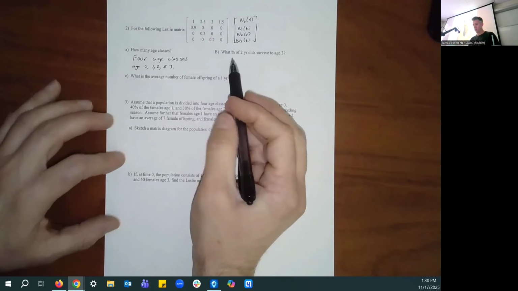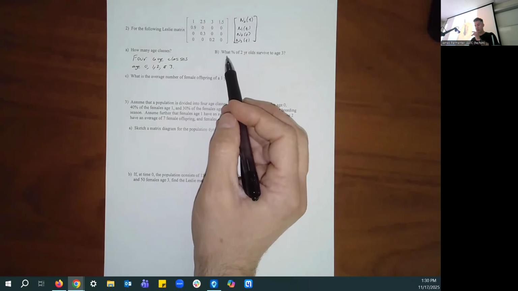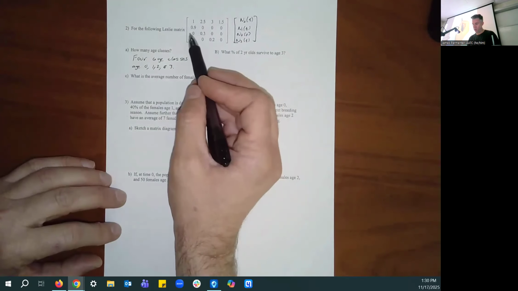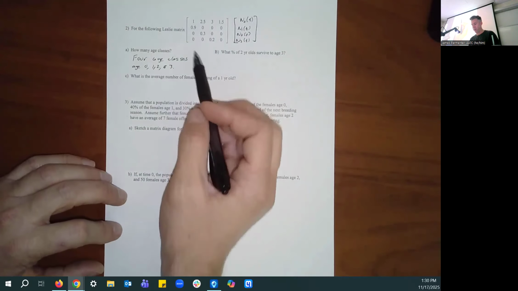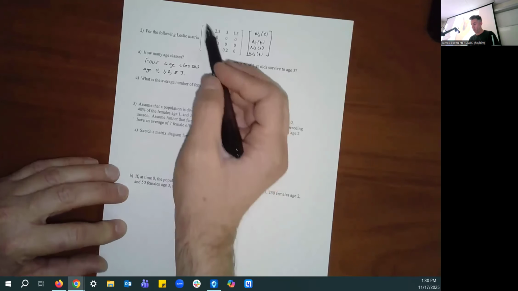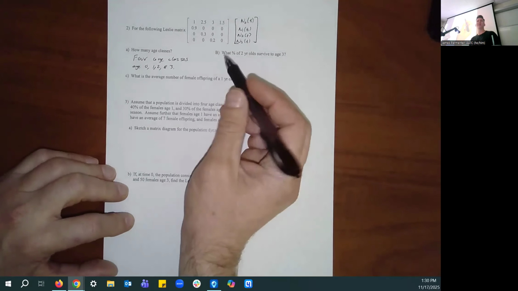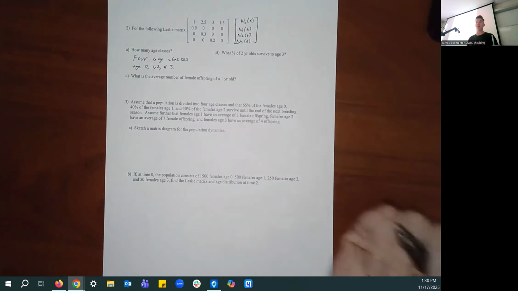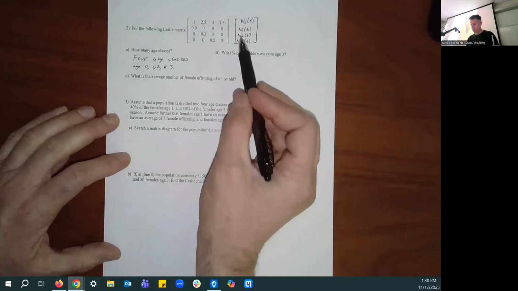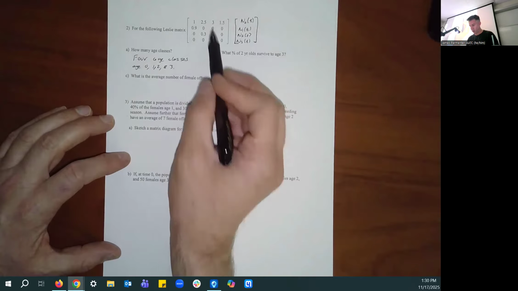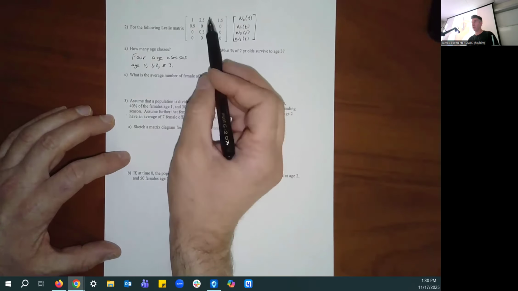So when I'm asking what percentage of 2-year-olds survive to age 3, I'm essentially saying, okay, what things are multiplying by the 2-year-olds? Well, I need something in the third column. And it's always kind of annoying that the numbers are off by 1, but when you start at age 0, that's what you're kind of stuck with.